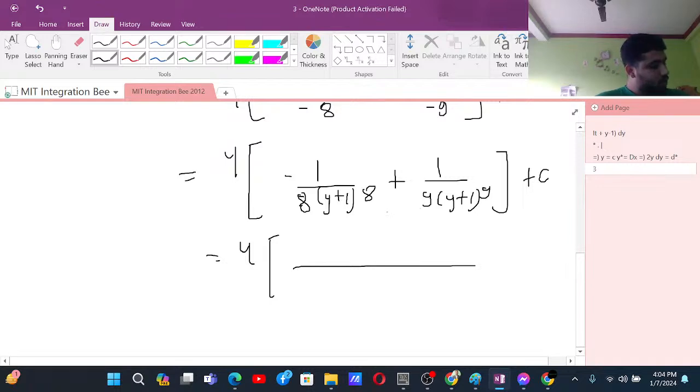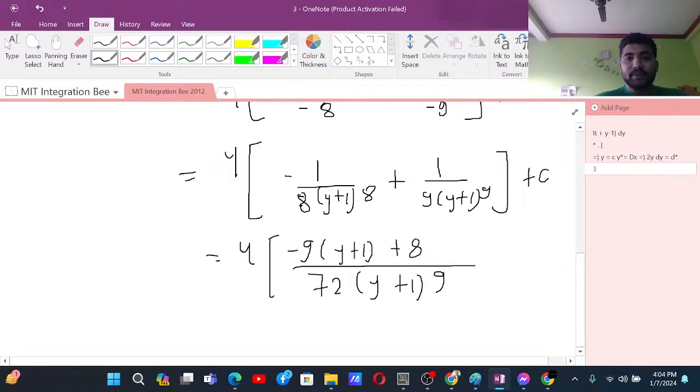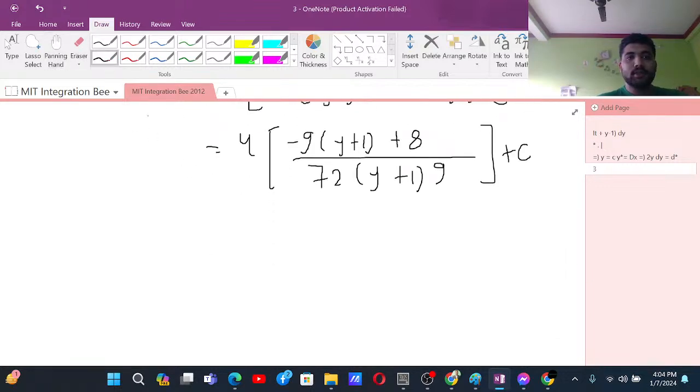So that will be 72 times y plus 1 to the power 9, and that gives us minus 9 y plus 1 over here, and plus 8 plus c. Okay, and that gives us 4 times minus 9 plus 8, that's minus 1, isn't it?